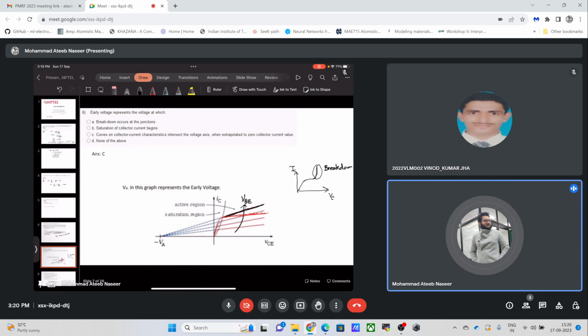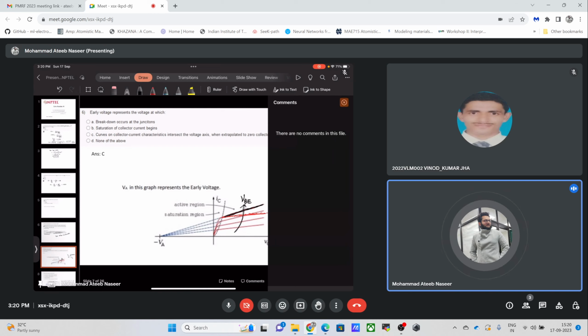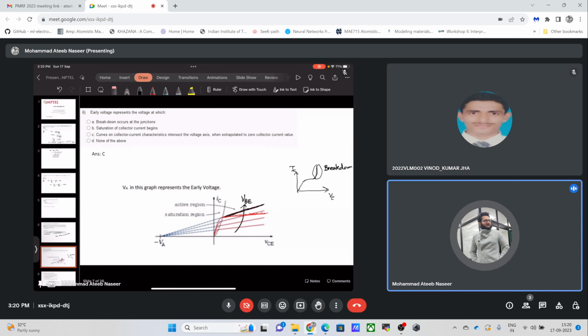Okay, sorry, option B says that the saturation of the collector current begins. By saturation we mean that, for example, if I have this current IC with this VC, the saturation begins at this point. But since these curves are not saturating, this statement also is wrong.